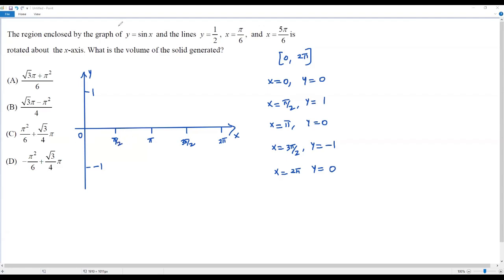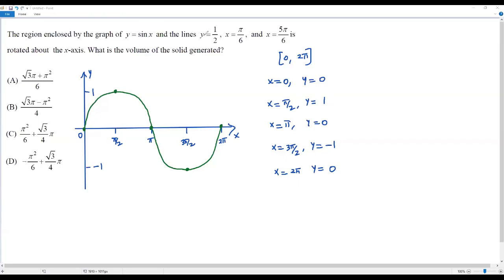So 0, 0 is the starting point of the graph. Let me make a point. Then we have pi over 2, 1 here, and also pi, 0 here, and 3 pi over 2, -1 here, and 2 pi here. Okay, now let me sketch the graph. Here I have sketched the graph of y equals sin x through the marked points.